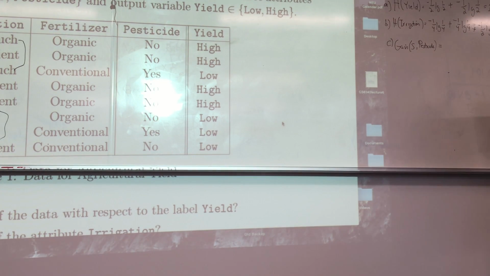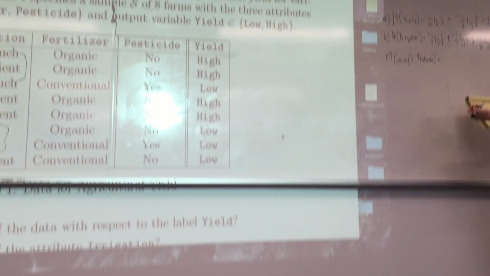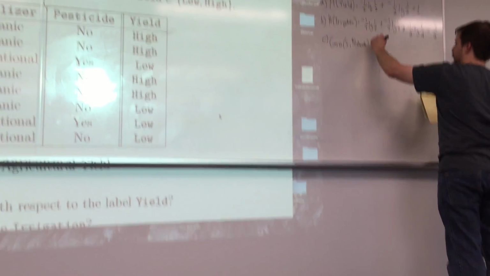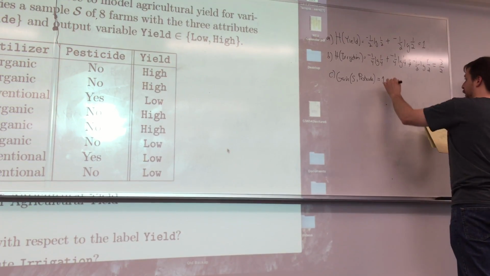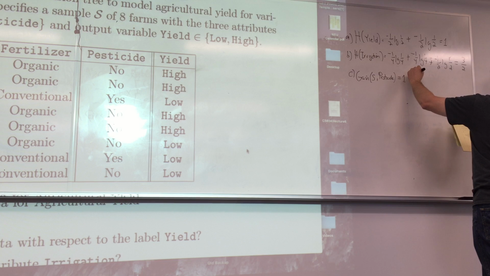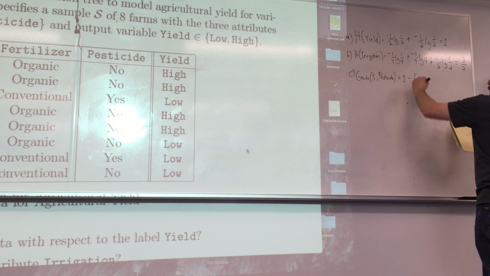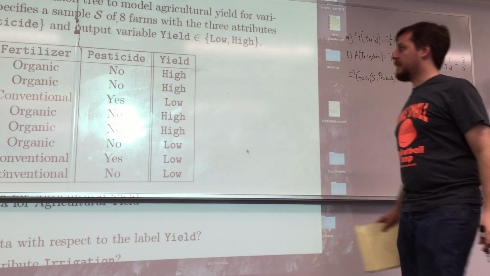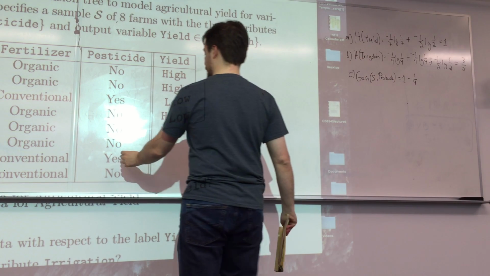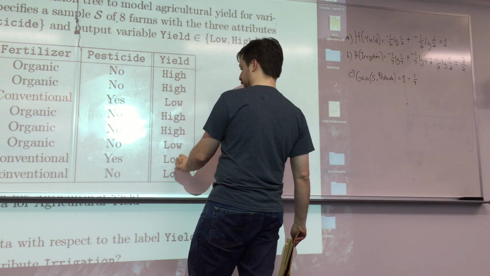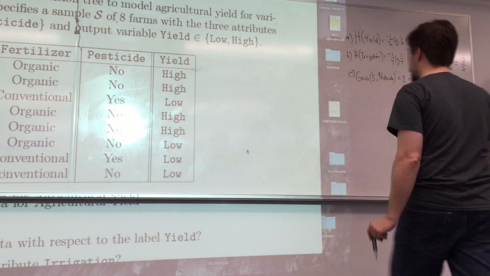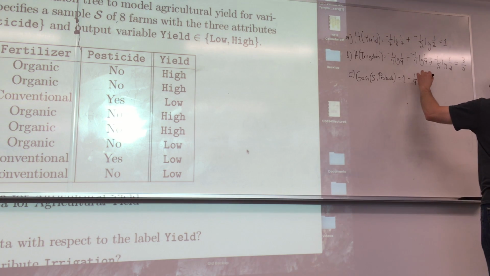So gain pesticide. We split on, what did I assume? The data itself is 1 bit, right? So the split is 1/4 where pesticide is yes. But the data is pure there, so there's no entropy. I wouldn't gain anything.